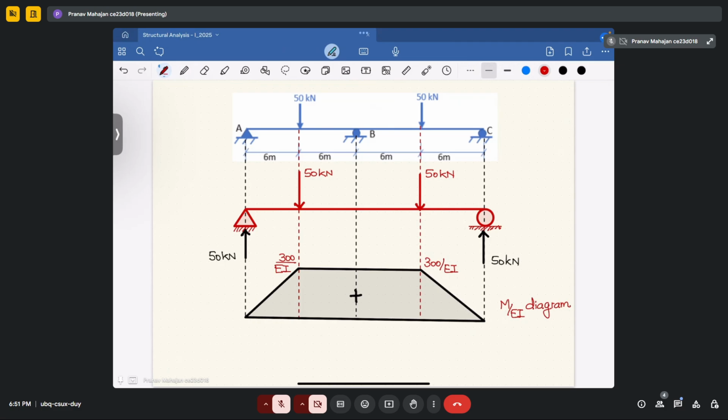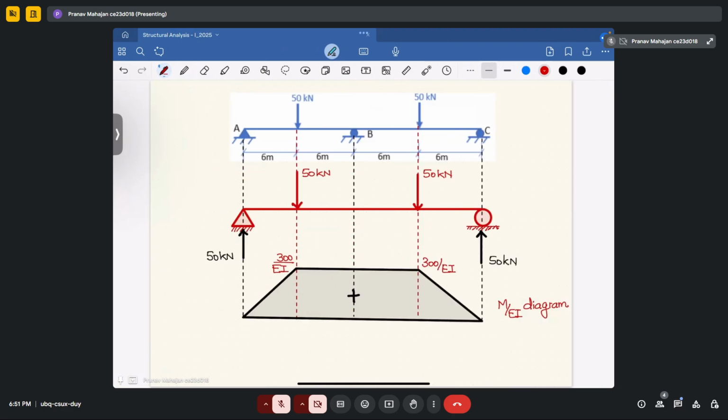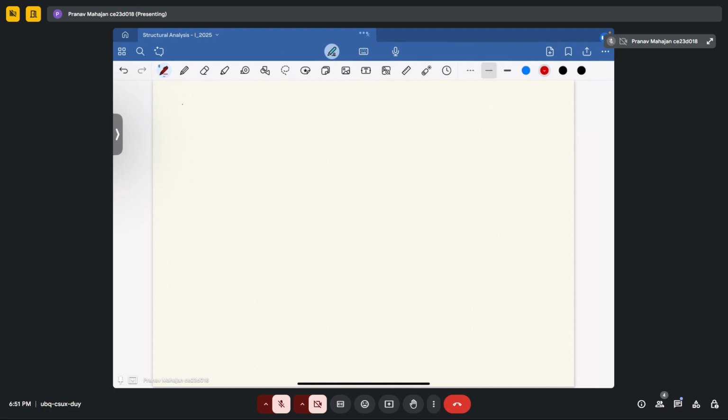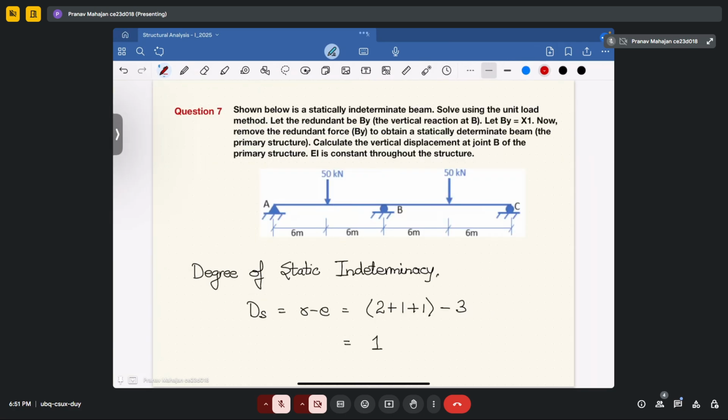Now what you have to do, you have to determine the vertical displacement at support B. So let me write here your vertical displacement at support B, that is your DL1. I think that is mentioned. Let me see that.